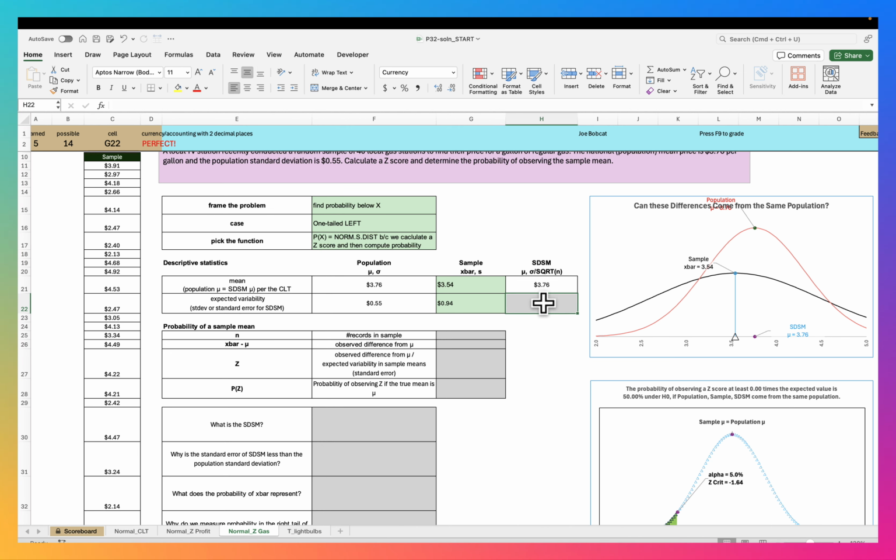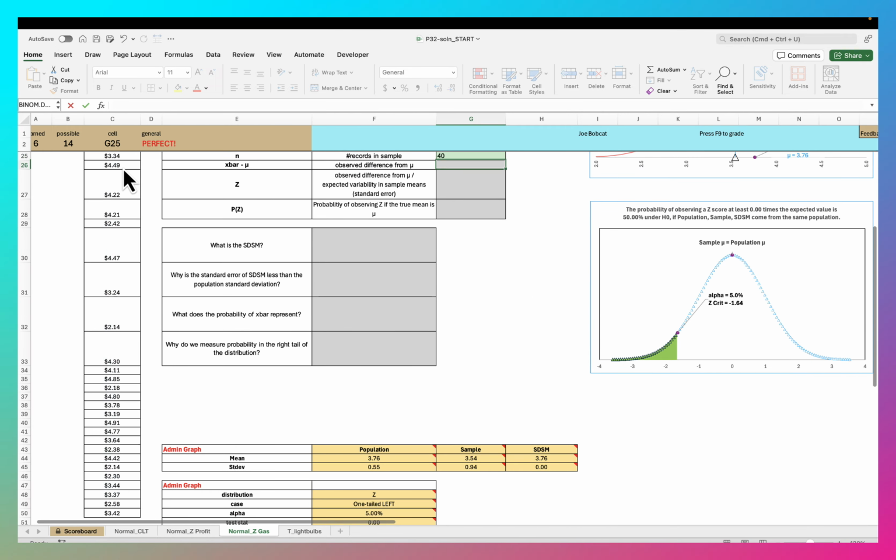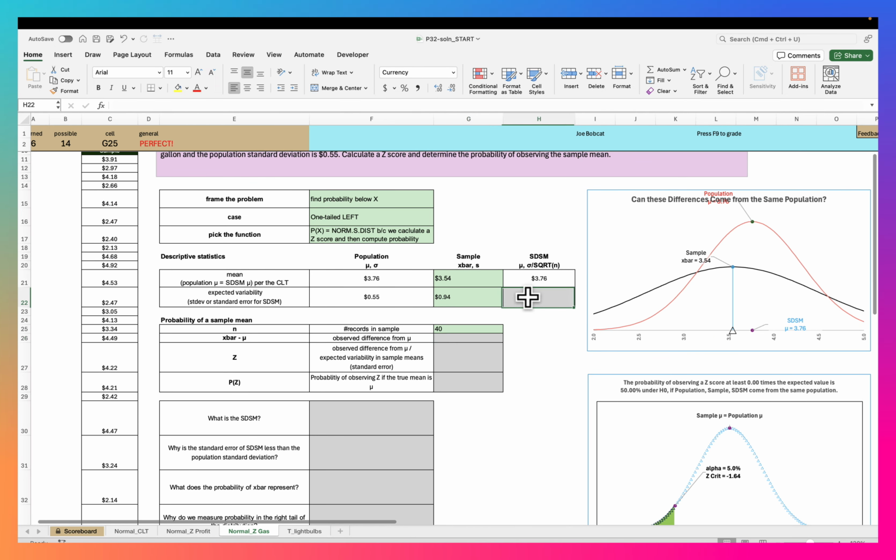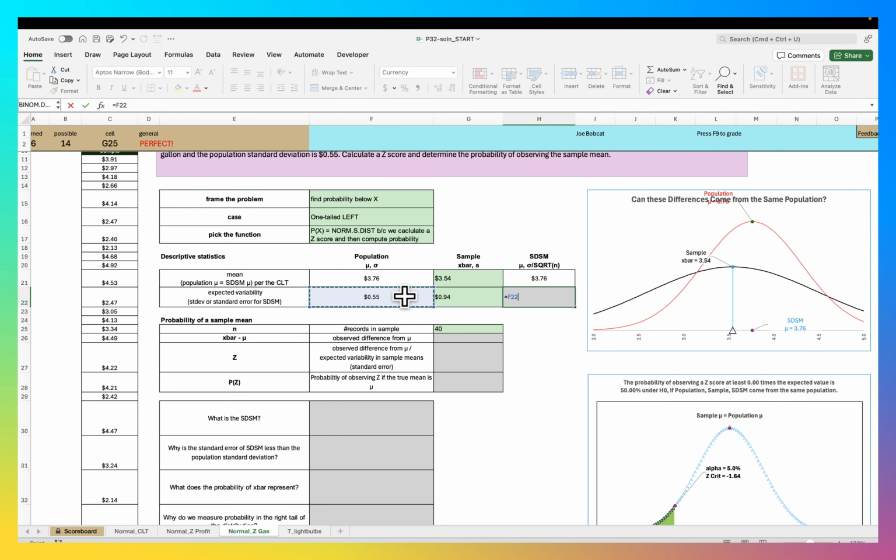Then the standard error, which is effectively the standard deviation of the sampling distribution, is equal to sigma divided by the square root of n. We need to know the number of records in the sample, so let's count those. Okay, now we can do it.